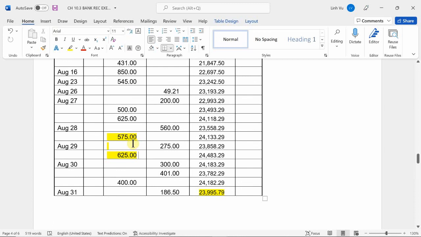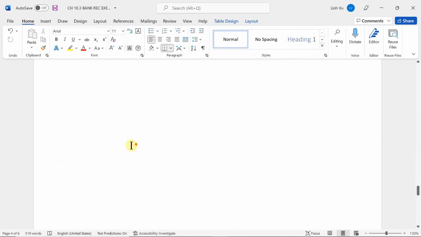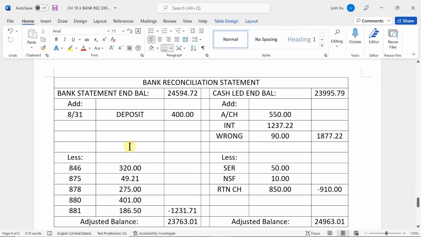So this is cash on hand that I have on my books. Now, does the bank know that I have this money on hand? No. So therefore, I'm going to say eventually this money is going to be deposited. So I'm going to make a note here that I have cash on hand.